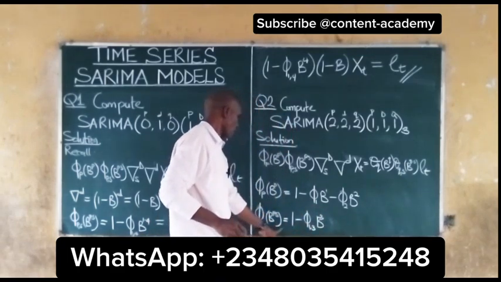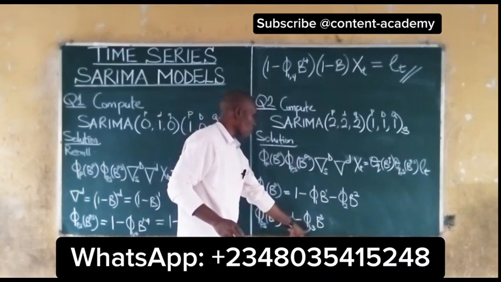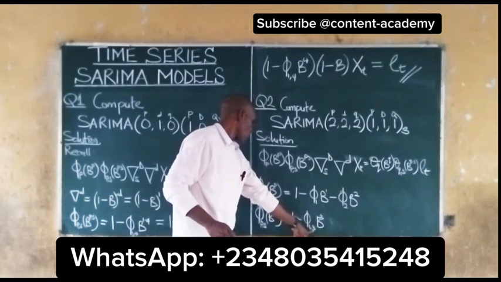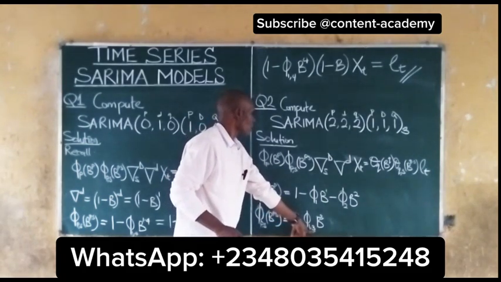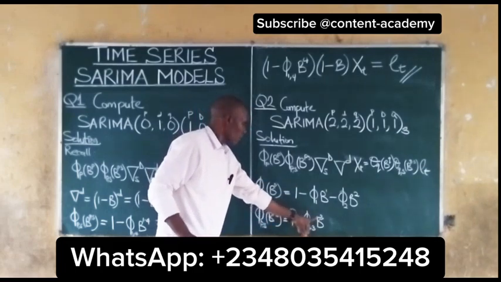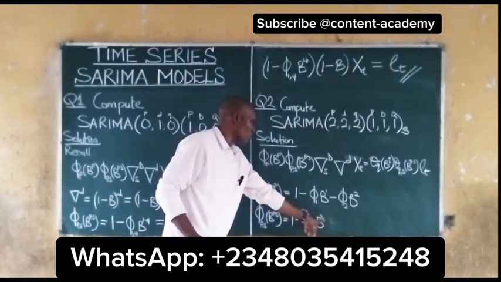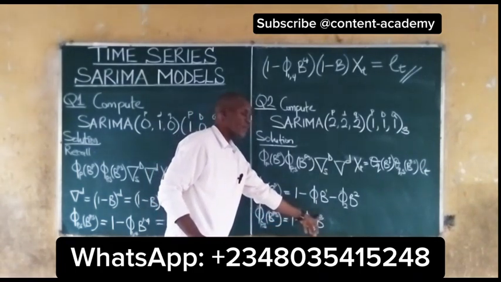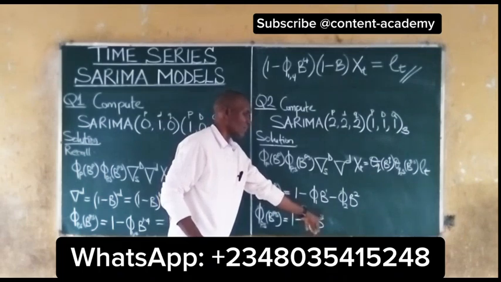So this is 1 minus Phi_{1,3}, with P, S being 1, 3. Then B is raised to the power of P times S, which is 1 multiplied by 3.